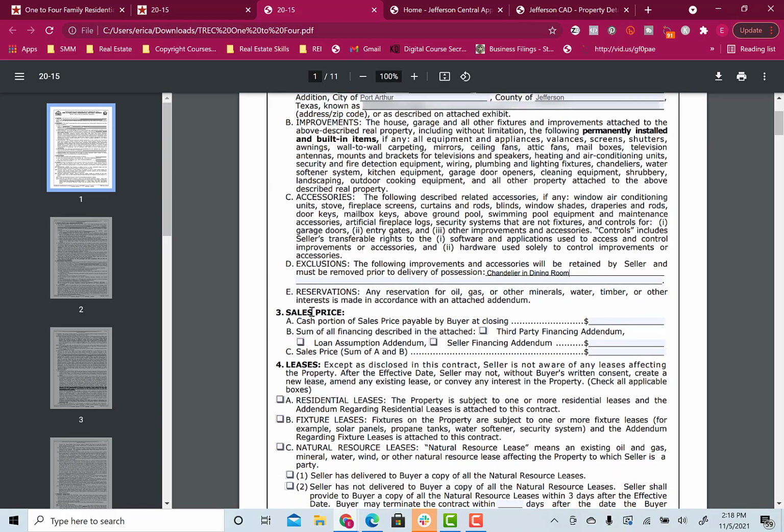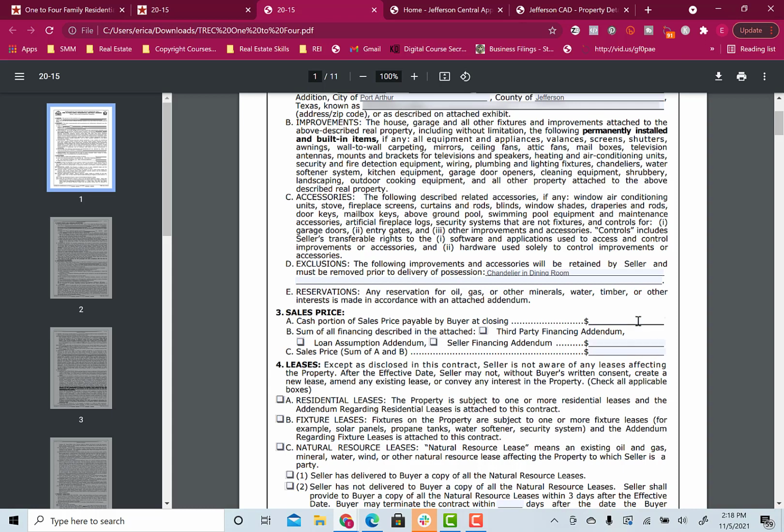Here is where you would actually put the sales price. So if you're an investor, then you're going to say an all cash offer likely. Even if you're using a hard money lender, you're not using third-party financing because they're loaning against the asset. And so you're going to put it as an all cash offer. If you are a buyer and you want to make an offer, you're going to be putting in the down payment here, the third-party financing here, and then the final.